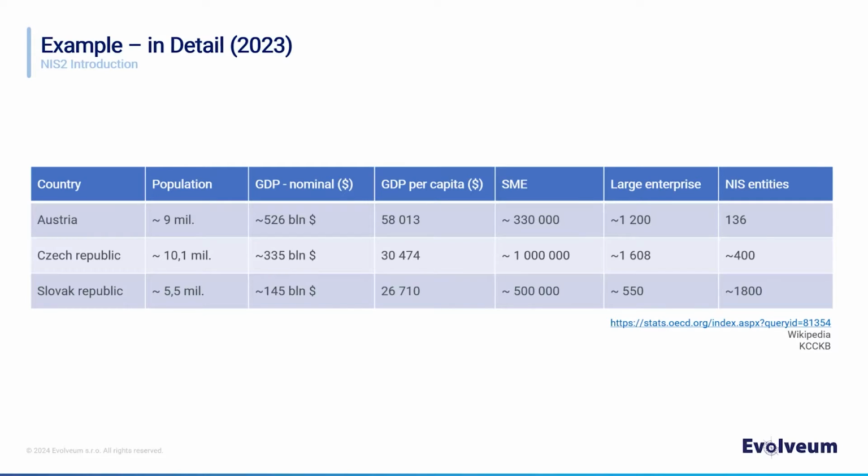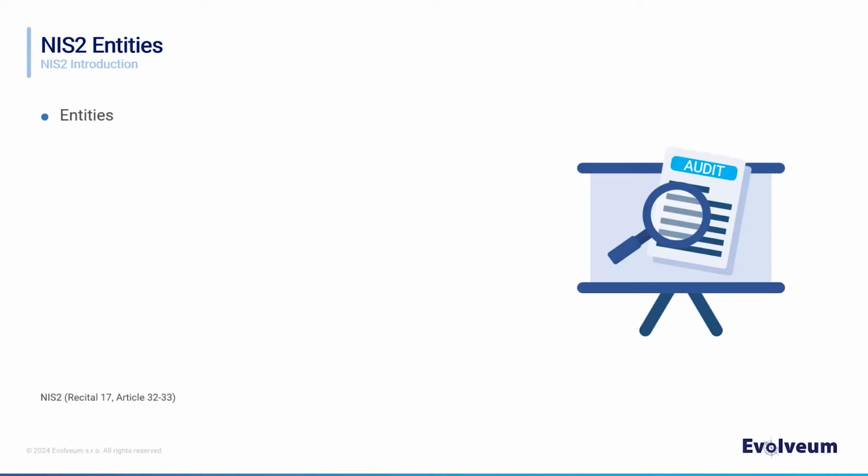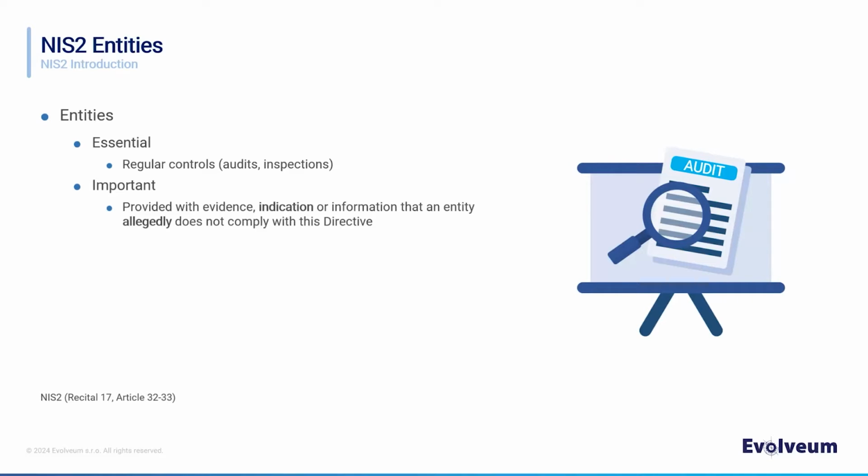So those numbers will be a little bit higher for some countries, and for other countries that will be a huge leap forward. I mentioned NIS2 entities or subjects, and there are 2 types: essential entities, which will be under the so-called ex-ante supervision style, and they will be controlled regularly via audits and inspections, and they will have to follow stricter requirements than the other category, the important entities, which will be under the so-called ex post supervision style, and they will be controlled only after some trigger happens.